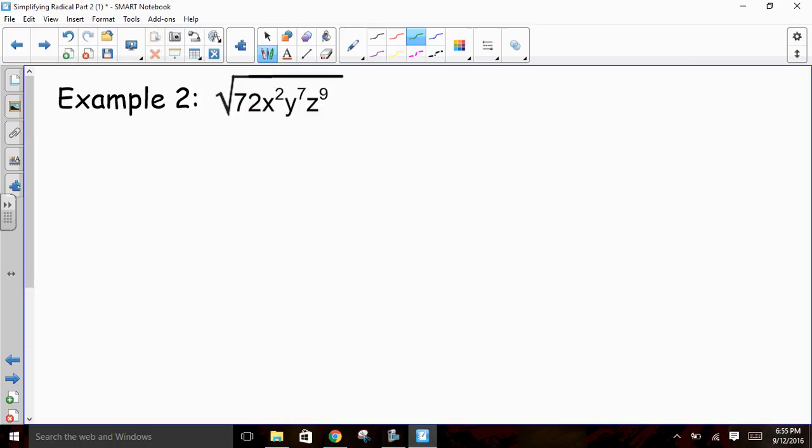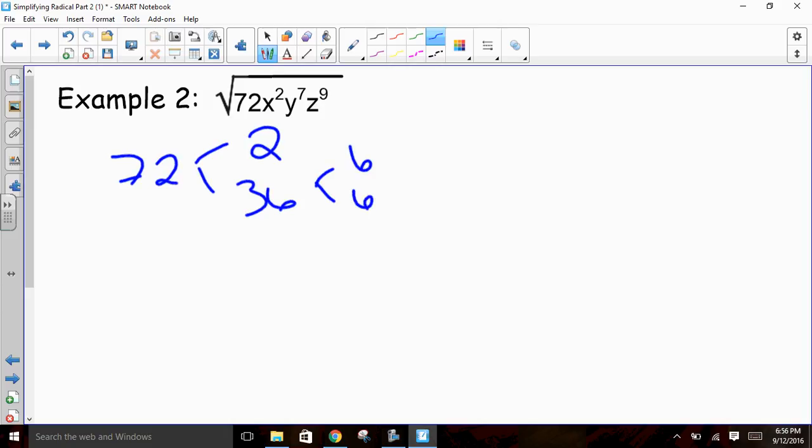All right, let's take a look at the second one. Is 72 a perfect square? Can I take the square root of it right off the bat? You should be thinking, no, 72 is not perfect. So I have to break that down. Well, we saw before that it was 2 and 36. 36 is perfect.